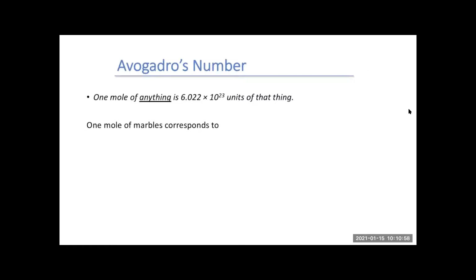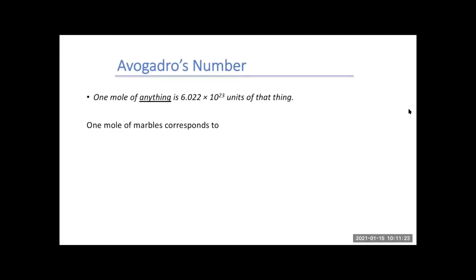So let's look at this a little bit more. Avogadro's number is 6.022 times 10 to the 23rd of something, of anything. Could be atoms, you could do grains of sand on the beach, ants in an ant colony, trees on Earth, stars in the universe, planets in the universe.